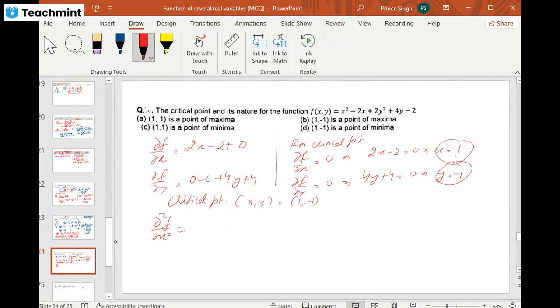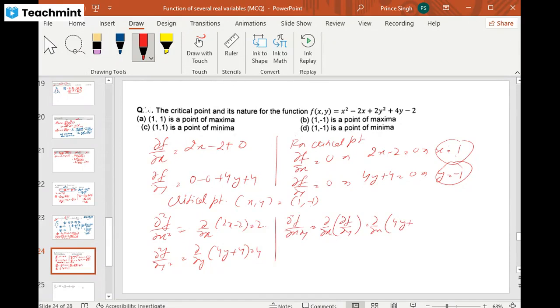The second order derivative with respect to x is 2, and the second order derivative with respect to y is 4. And the second order derivative with respect to x and y is 0, because this depends upon y only. If we differentiate with respect to x, it is 0.